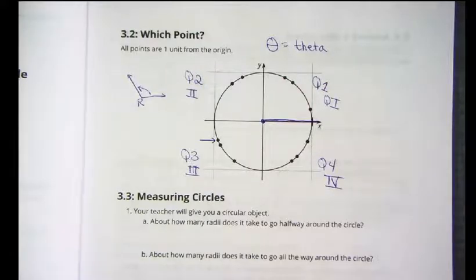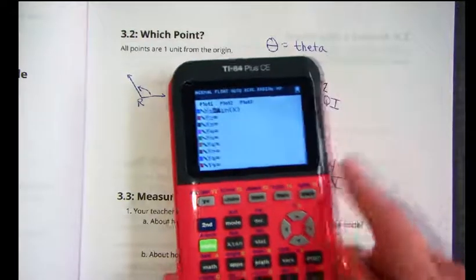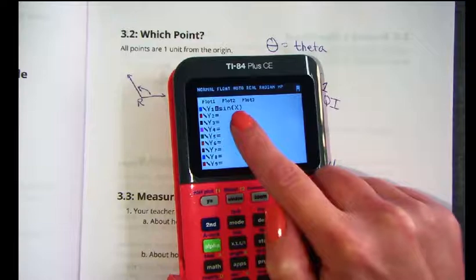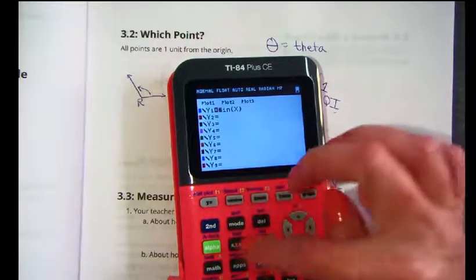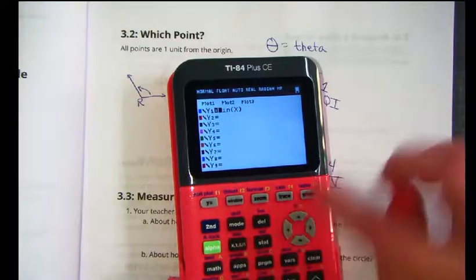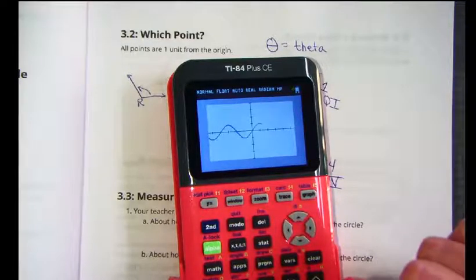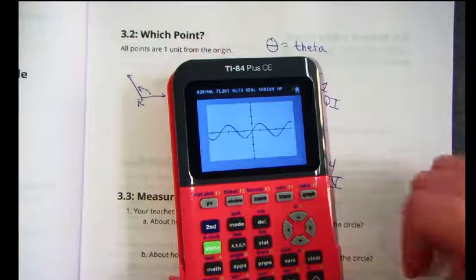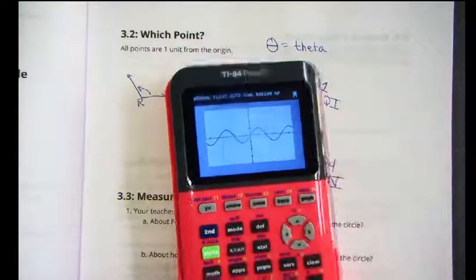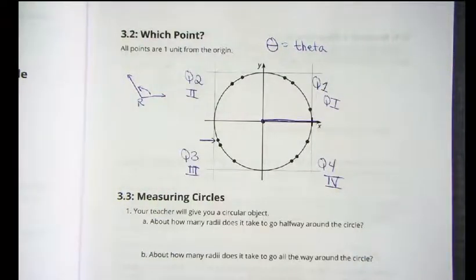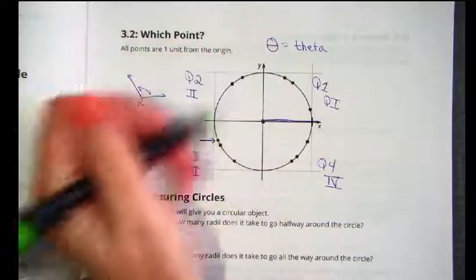I'm getting it ready on my calculator so you can see what that's going to look like. I went to my y equals, and I have the sine of x because that's the same thing as our unknown, our theta. And when we look at our graph, there's that cool sine wave that I kind of drew on the intro of this unit. So it's coming forward. We'll see where it comes from, but we use that as the word theta.